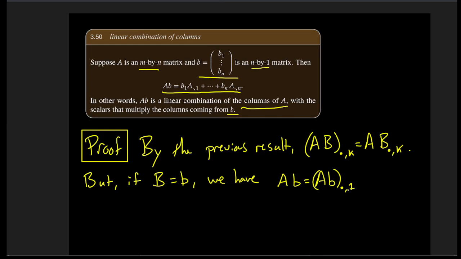So it's equal to the only column it has, which is just equal to A times b_{·,1}.